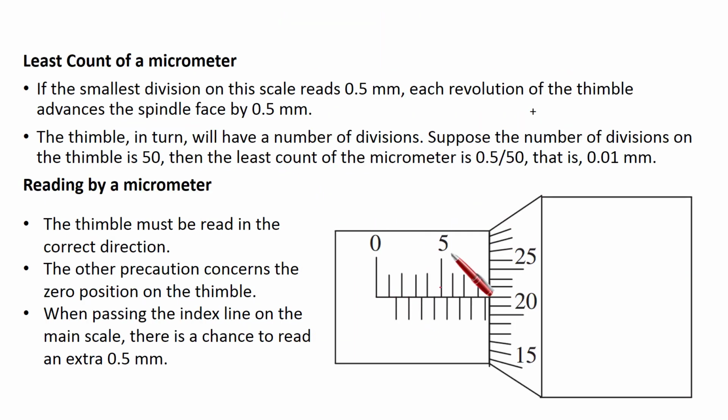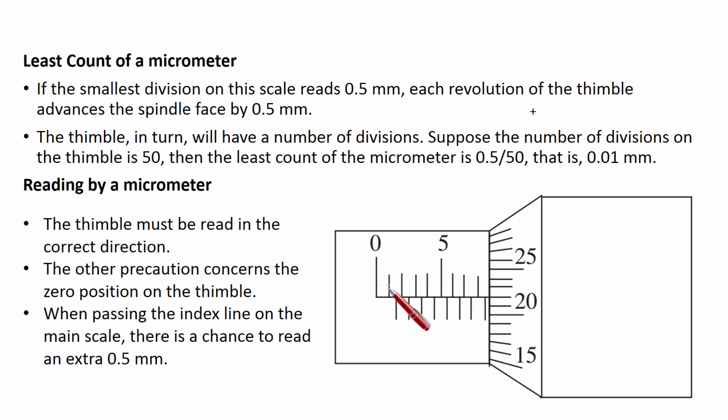Look at here, this is the main scale. See, this is 5 mm, this is 1 mm, this is 1 mm, and what is this one? This is just the middle of this one. So rather than placing the bar here, the bar is placed just below it.